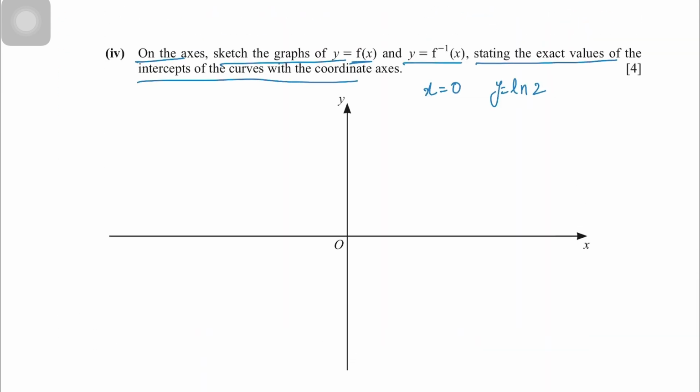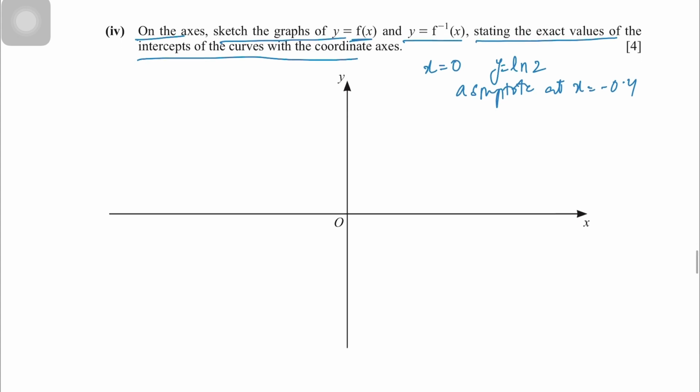And we have our asymptote at x equals negative 0.4, since it can't go below this. We can do one more thing for f of x: assume y equals 0, and we have our x as negative 0.2 by using the calculator.